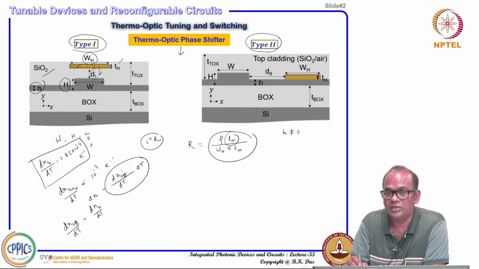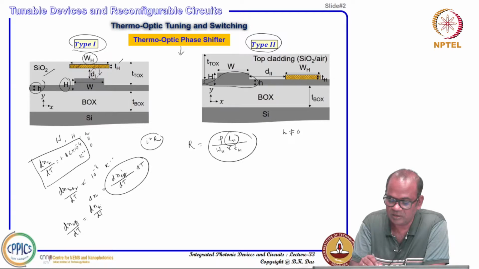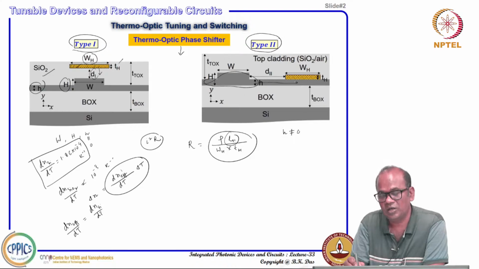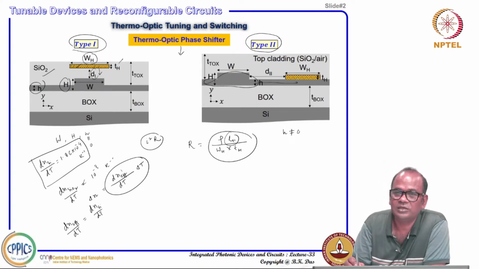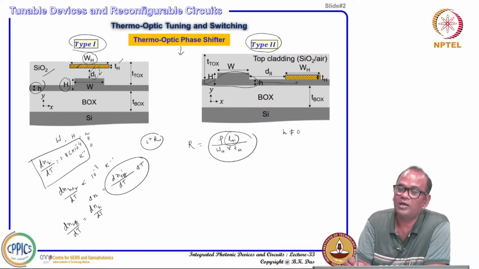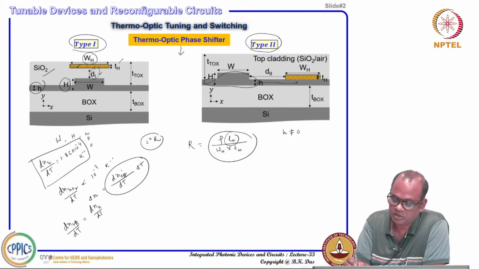Why I am saying safe distance is because whenever your mode is confined here, this evanescent field should not penetrate towards the metal, because if some field exists below the metal, that field can be attenuated by the metal. Metal has a reasonably high sigma, and that sigma contributes to certain loss.